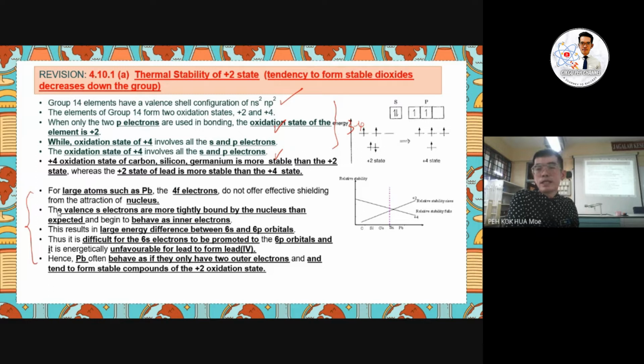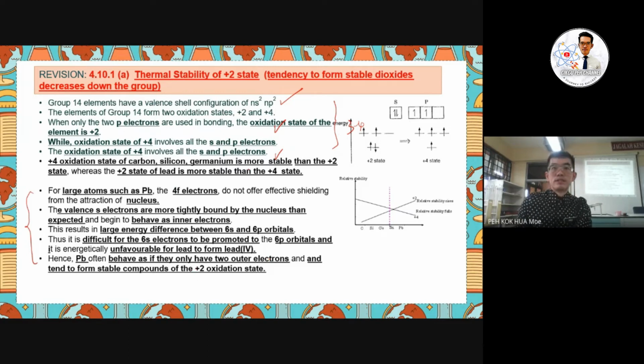You have to discuss the size of lead, which is bigger, and the 4f orbital electrons, which do not offer an effective shielding effect. So the attraction of the nucleus to the 6s orbital electrons will be stronger, so only 2 electrons will be involved in bonding. So lead will be more stable in +2 oxidation.